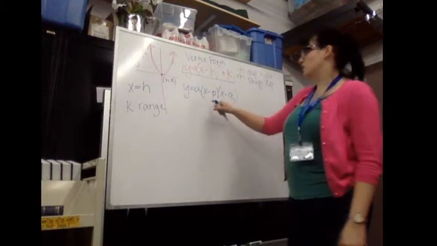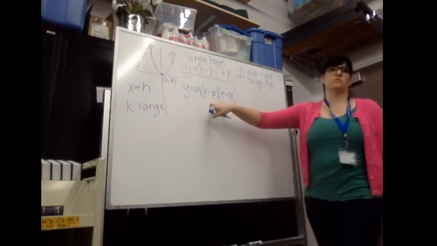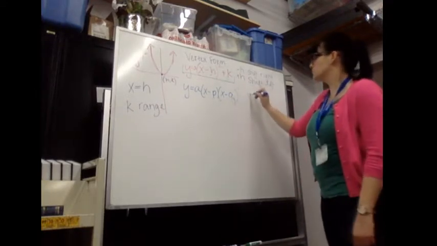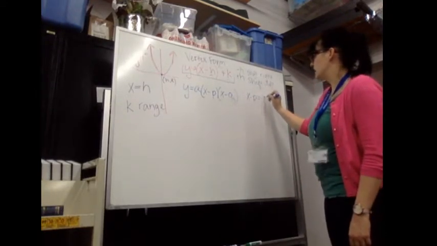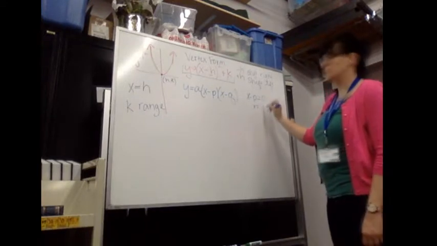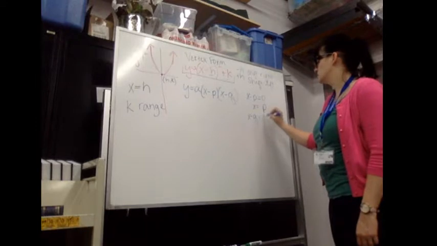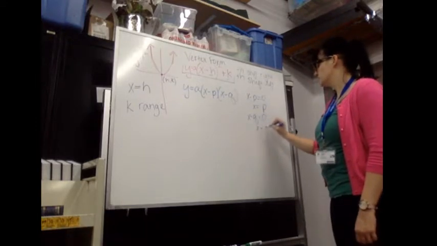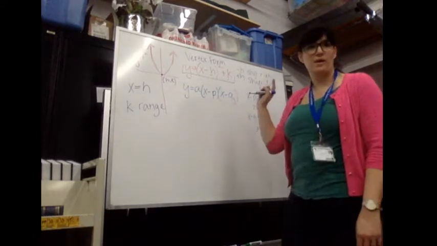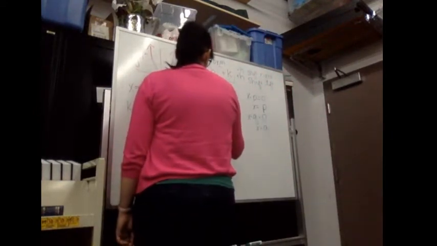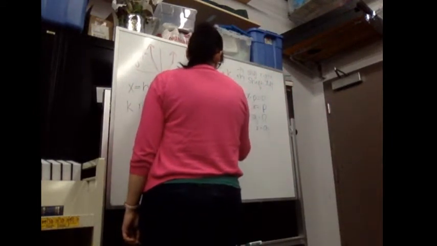So, if I want this to be 0, what does x need to be equal to? If x minus p equals 0, x equals p. And if x minus q equals 0, x equals q. Exactly. So p and q are my intercepts. That's what will make y equal to 0.